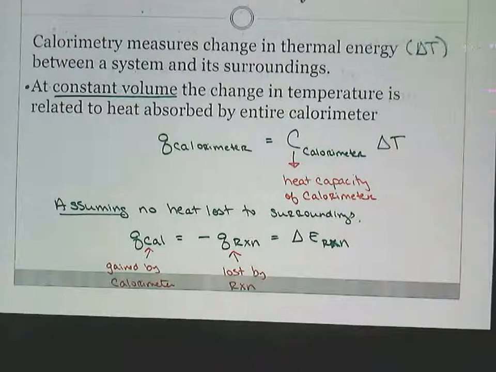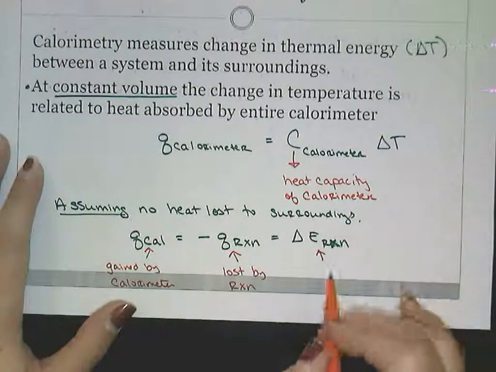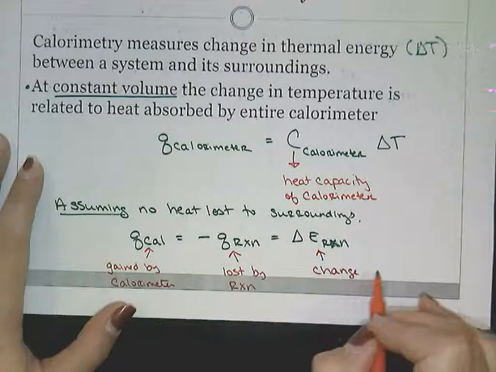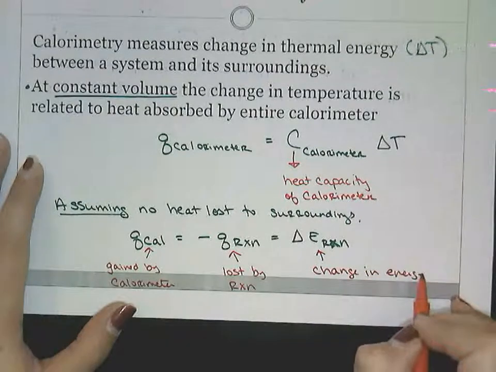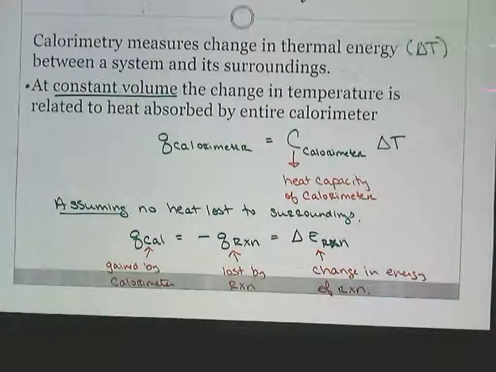So whatever heat was gained by the calorimeter, which we usually measure using a thermometer, is equal and opposite to the heat lost by the reaction, which then must be equal to the change in energy of the reaction. So, we just have a new snazzy equation.